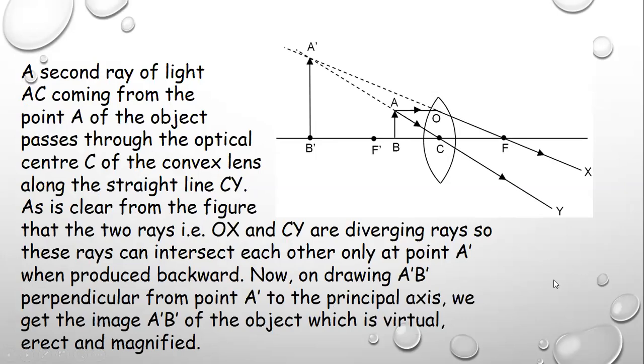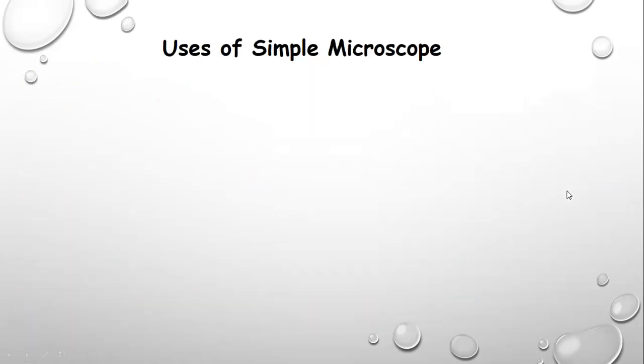So this is how the simple microscope works. The object has to be placed within the focus, then you will be able to see the highly magnified image.